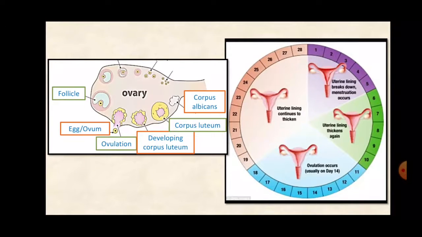This embryo is then implanted in the uterine wall, and at the same time this menstrual cycle is temporarily, I repeat, temporarily stopped till the birth of the baby and thereby the period of breastfeeding.